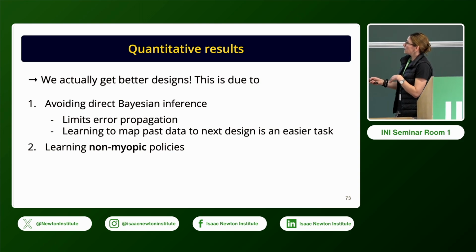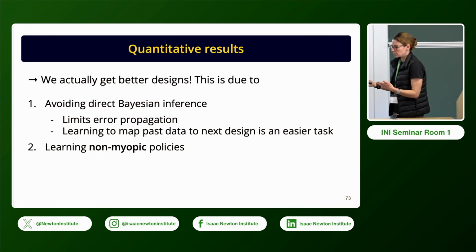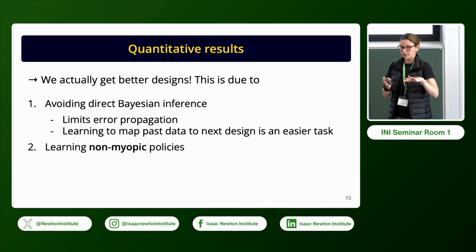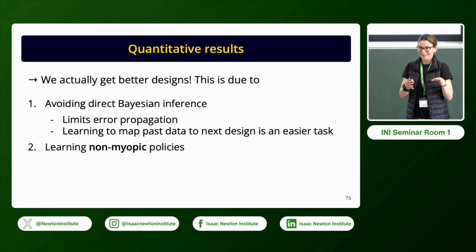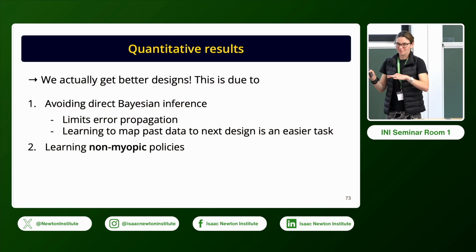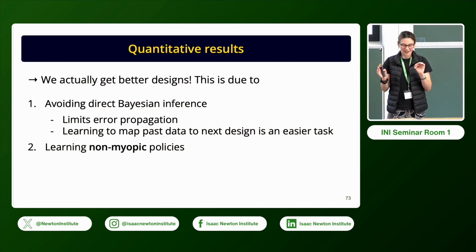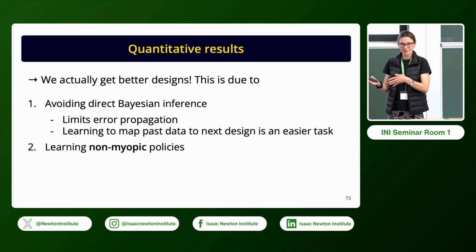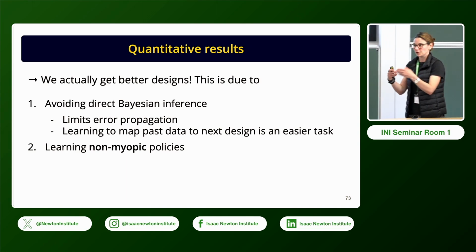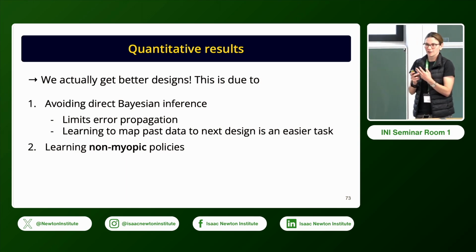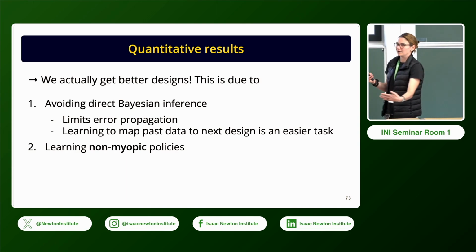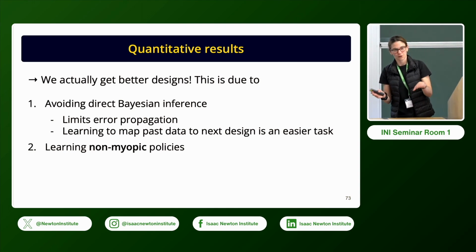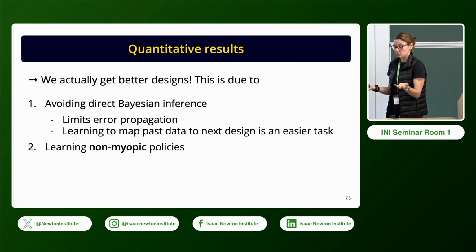Another reason why we might be getting better results is the fact that we're avoiding Bayesian inference. Okay, running Bayesian inference can be difficult to debug, right? Especially if you're running experiments in a sequence. Normally you may not have time to make sure that your MCMC has converged and do all of the diagnostic checks and so on.